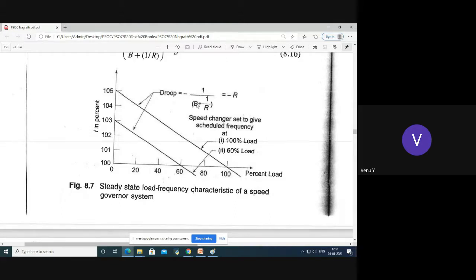You have beta, or B, the damping factor, which may be constant, and hence 1 by R is the regulation or droop. This is important.